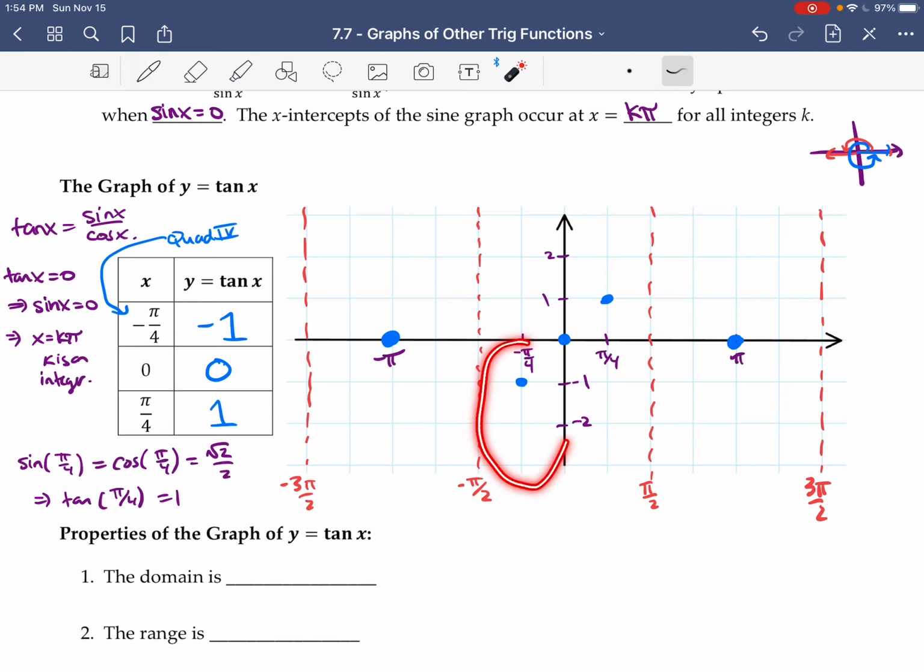So that means in this interval, we have to be fully negative, which means that we're going to have to approach the asymptote down here. Okay, so what happens is you approach like this. Okay, and then in the interval from 0 to pi by 2, I'm always positive.